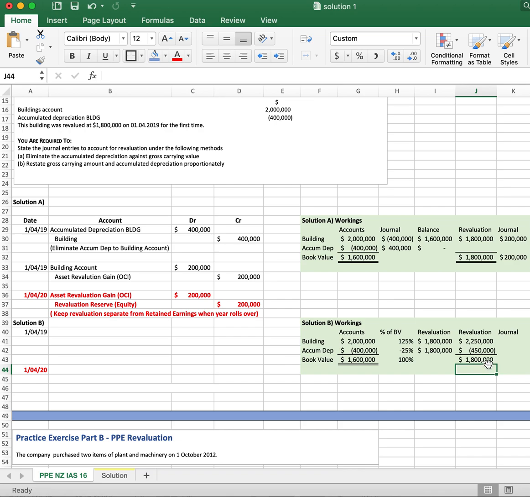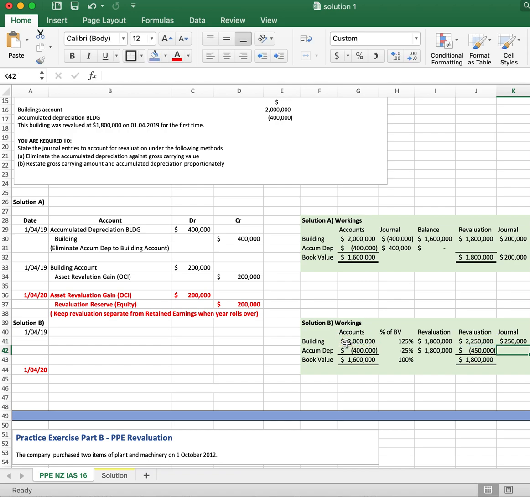So what we've done is we've apportioned the revaluation pro rata over buildings and accumulated depreciation, which will give us our journal. So if the building cost is 2 mil and we've revalued up, we're going to have to increase that. That's a debit of 250.